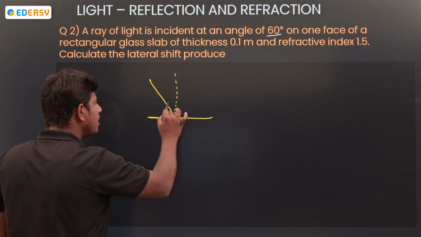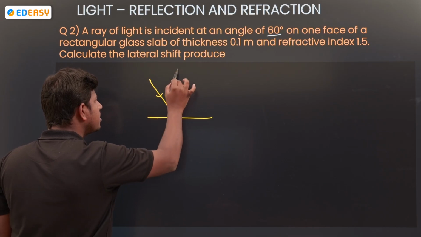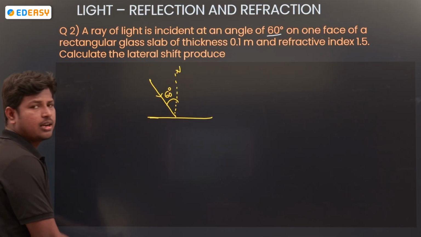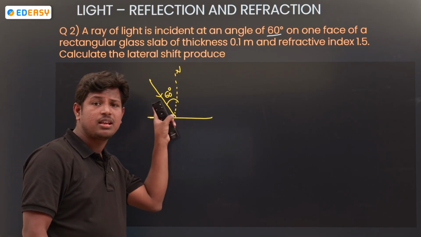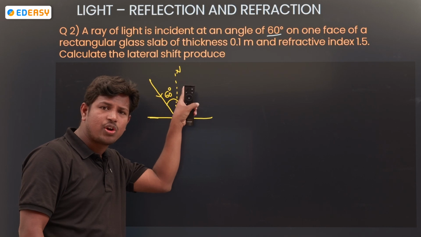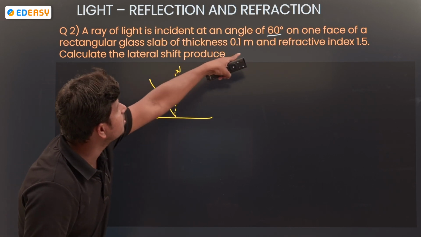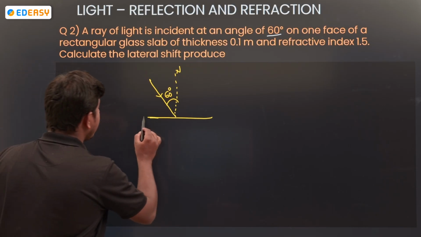Incident angle is 60 degrees. The incident angle is the angle the incident ray makes with the normal. How much from the question? 60 degrees, on one face of a rectangular glass slab.